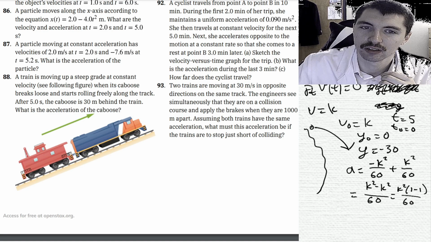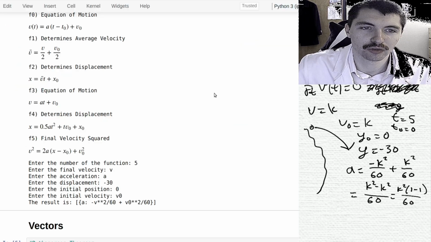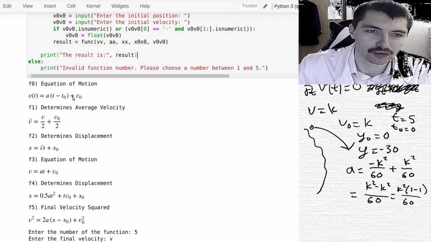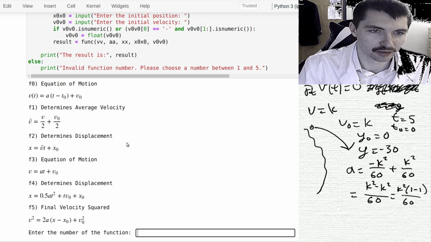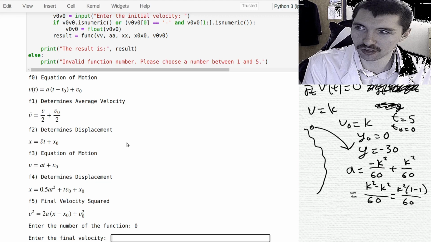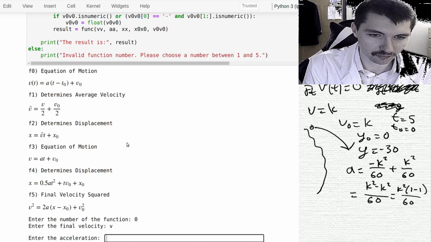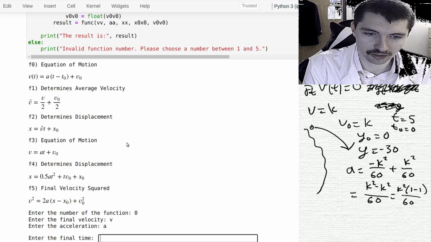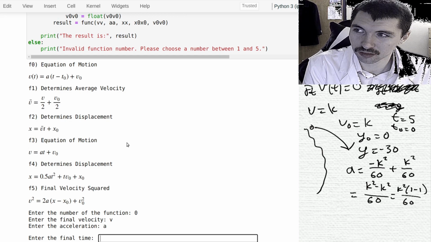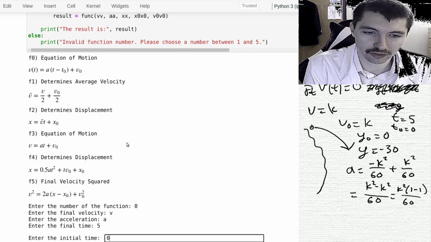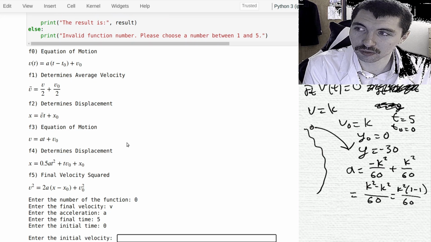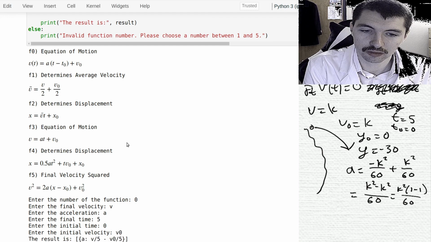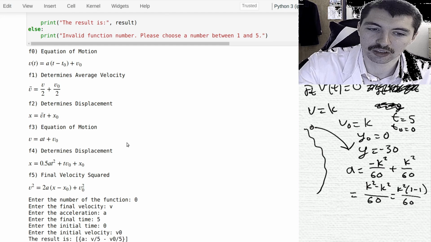So what if we plugged it in here? Equation 0: final velocity is v, acceleration, final time is 5, initial velocity 0. Okay.